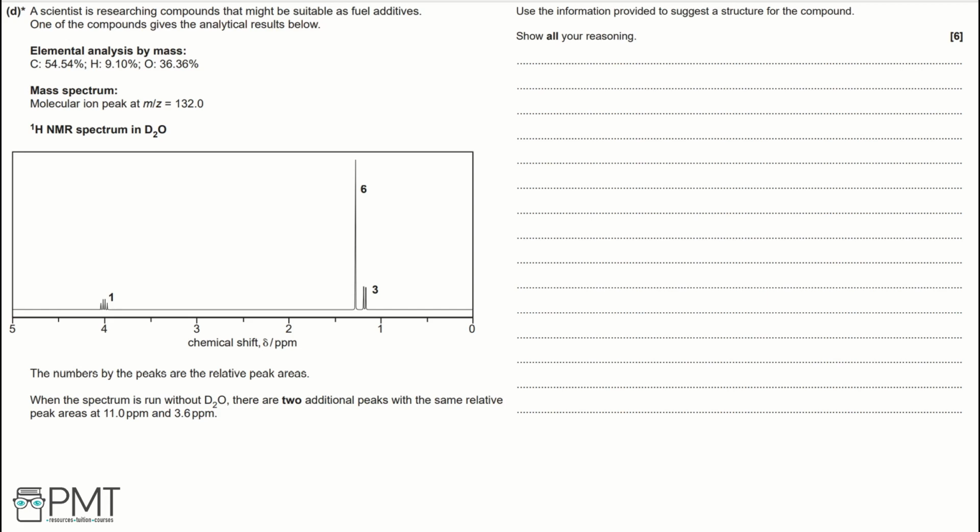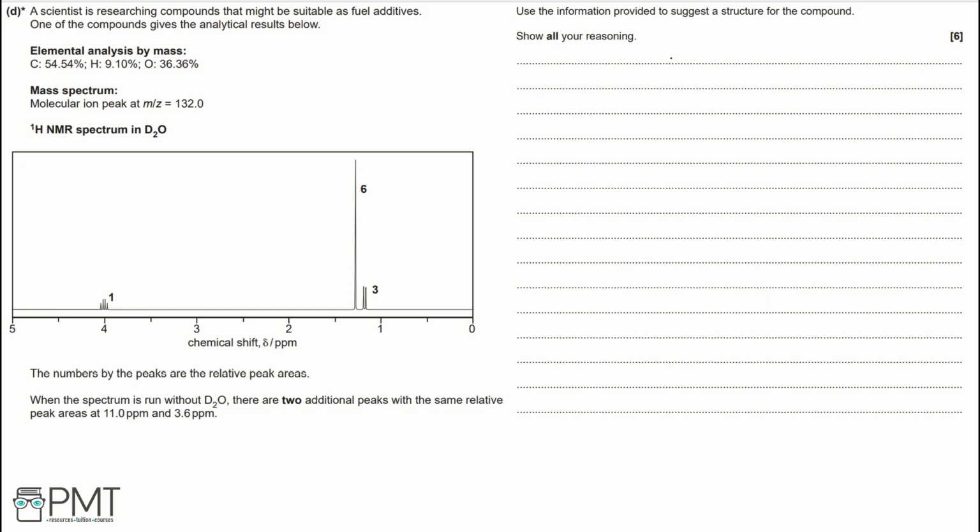The proton NMR spectrum in D2O, where the numbers by the peaks are the relative peak areas. When the spectrum is run without D2O, there are 2 additional peaks with the same relative peak areas at 11.0 ppm and 3.6 ppm. Use the information provided to suggest a structure for the compound and show all your reasoning.